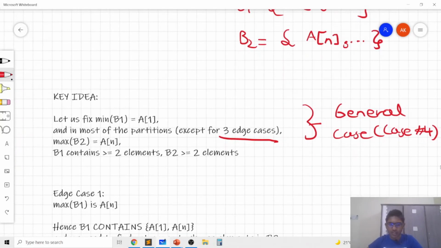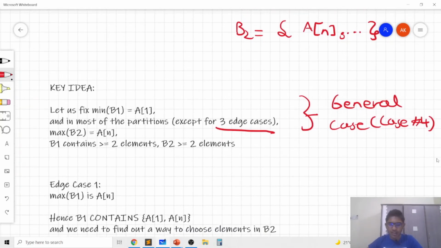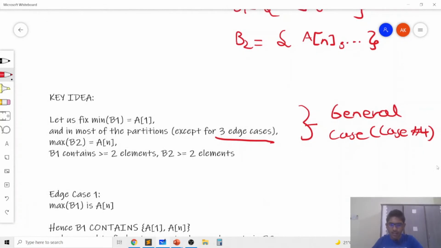So this means that the beauty of B1 will be A of n minus A of 1, because the largest number and the smallest number in the whole array are contained in partition B1, and any smaller or larger number does not exist. So obviously the beauty will be the largest number minus the smallest number, which is A of n minus A of 1.